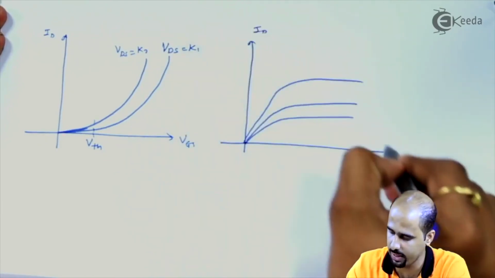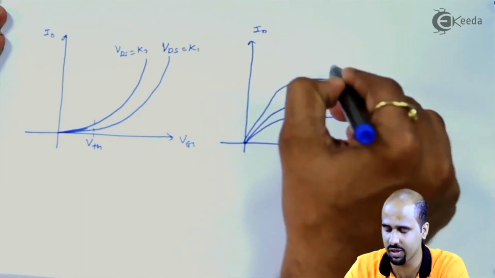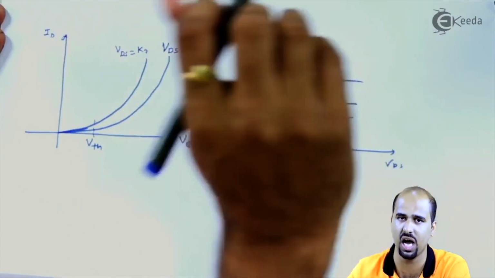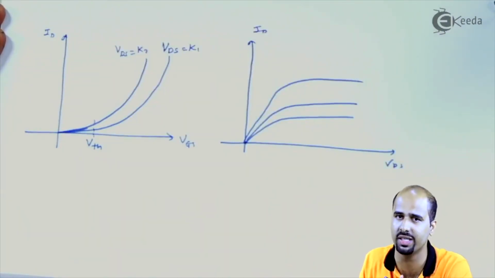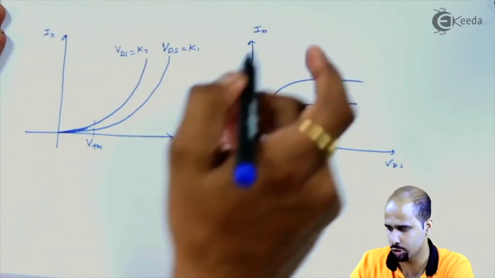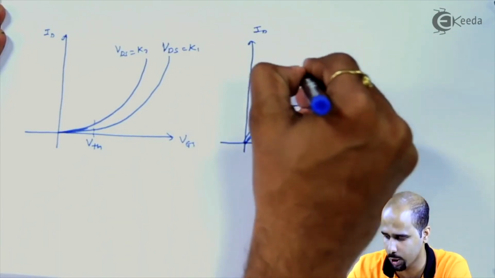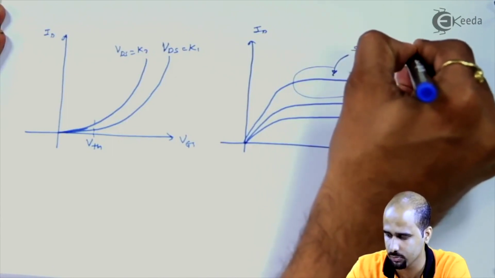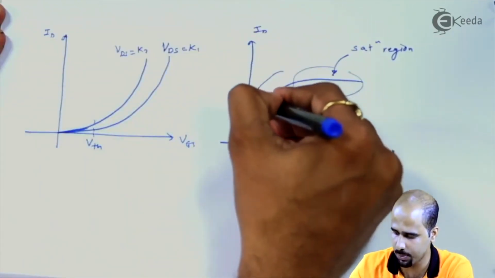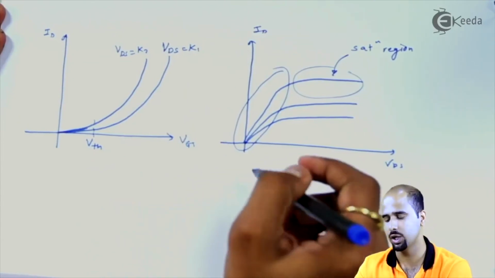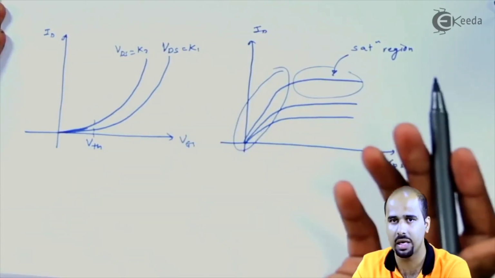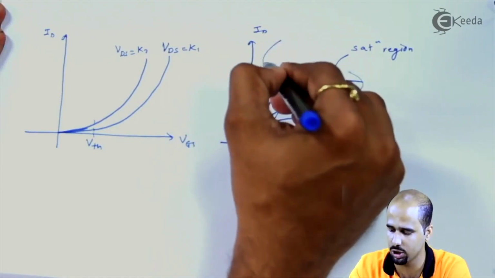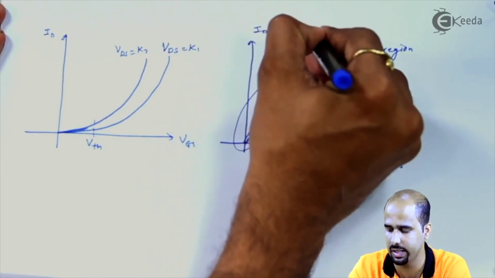This is your value of ID, and this is your value of VDS. The region where your current is constant, that means after which your current will not increase at a significant rate, we say is called the saturation region. The region of operation where your current is increasing linearly with respect to VDS is called the linear region.